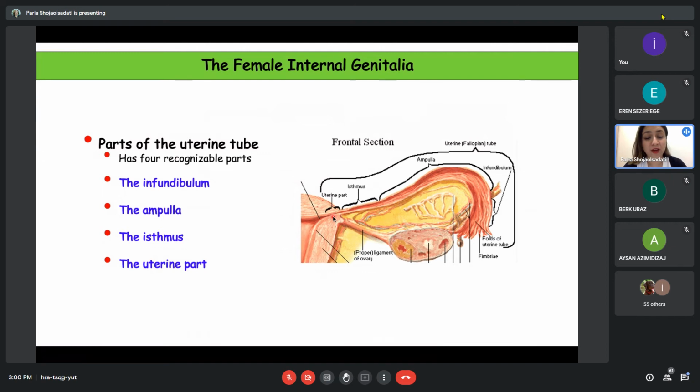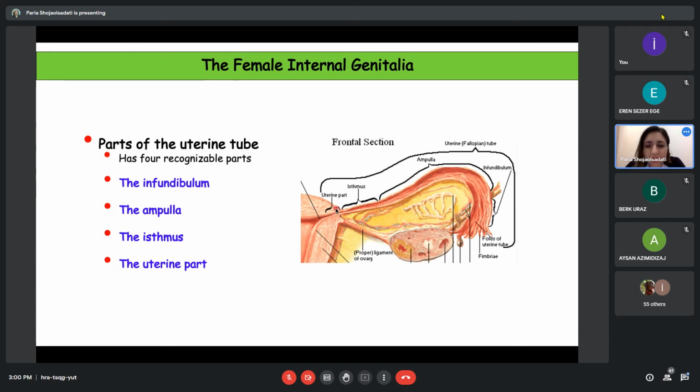If you remember, the last part of the ureters is named this because it is located inside the wall of the bladder, and the same thing is seen in this tube. The initial part of the tube is located inside the wall of the uterus. This part is named the uterine part or intramural part, the part inside the wall.